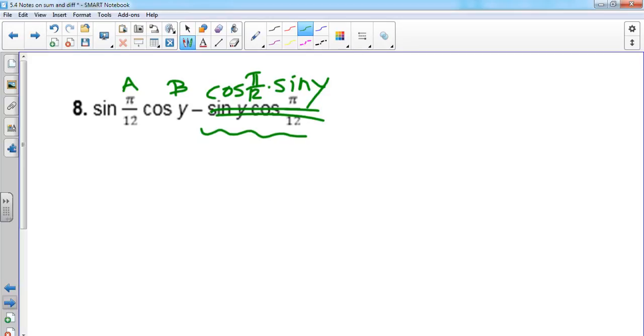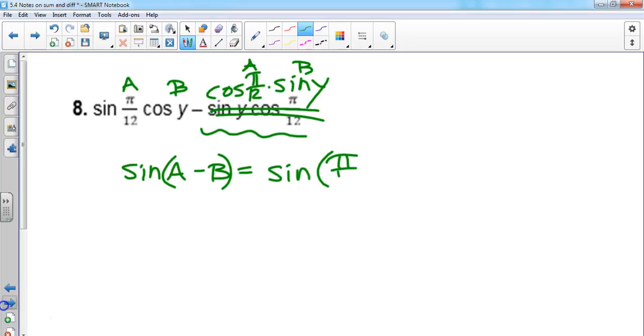Now, A and B. So what is sine A cosine B minus cosine A sine B equal? Okay, what are the A and B we're putting in? Can we simplify that? We're done.